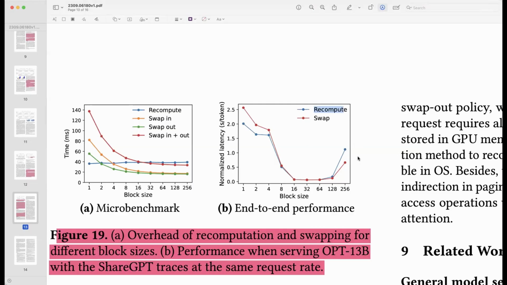That is almost a 7x drop. It doesn't make too much sense.